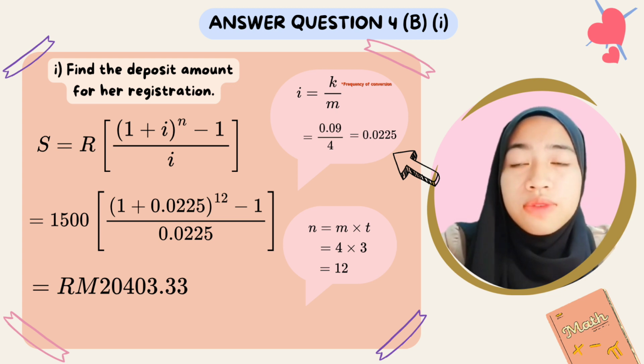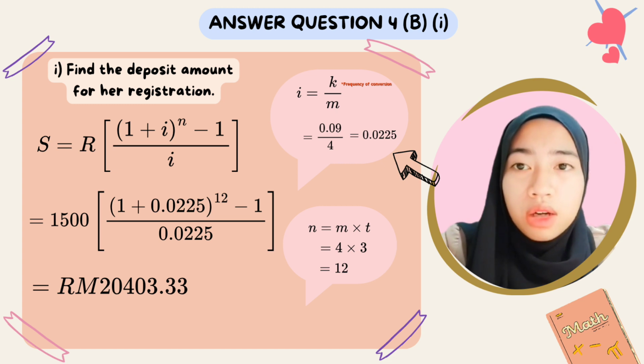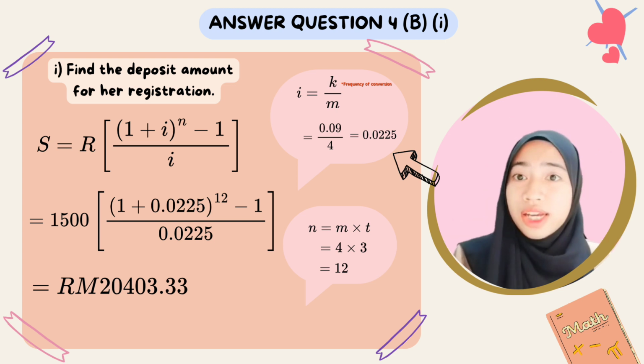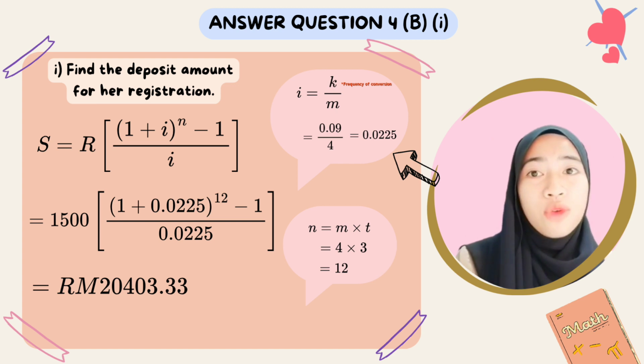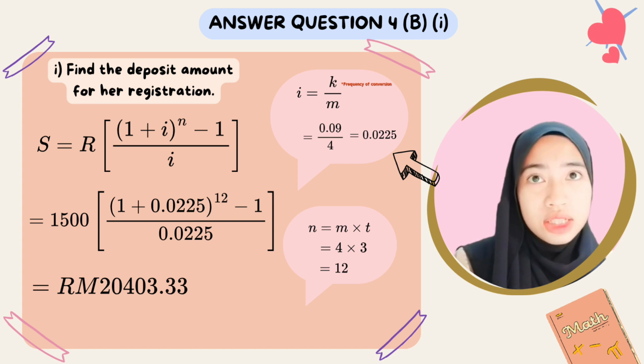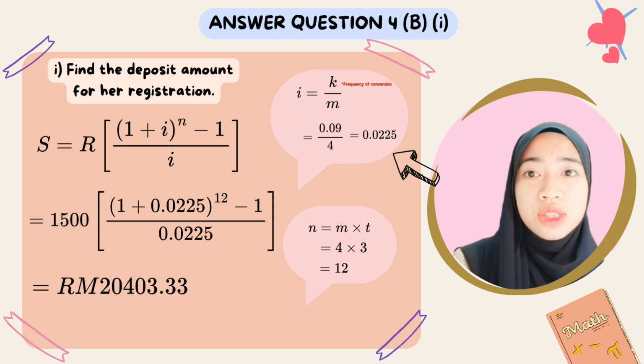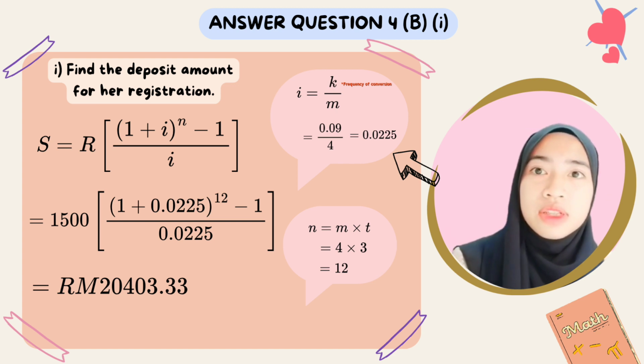So we use the formula S equals R bracket 1 plus I power of n minus 1 over I. And how do we get the I? I equals K over M, where K is the nominal interest rate and M is the frequency of conversion, such as annually, quarterly, and so on.